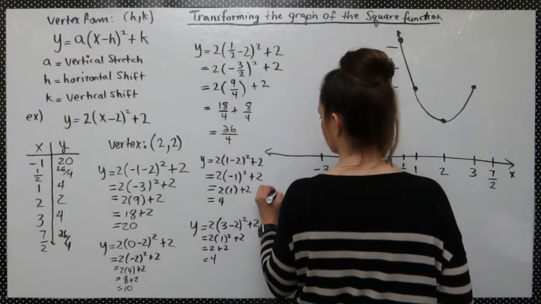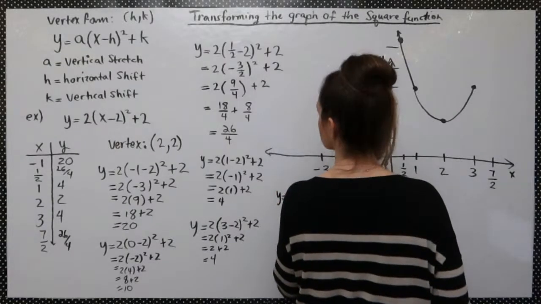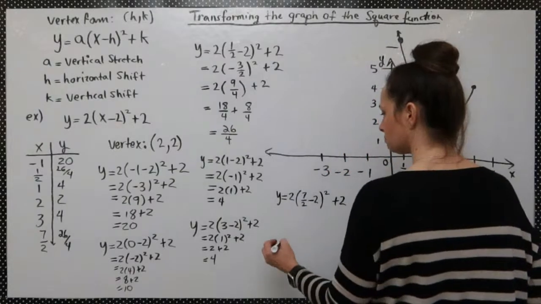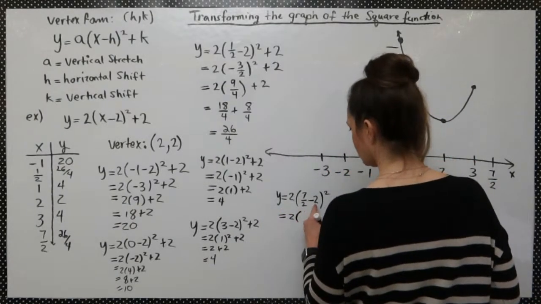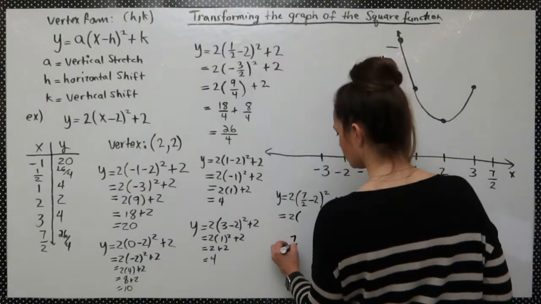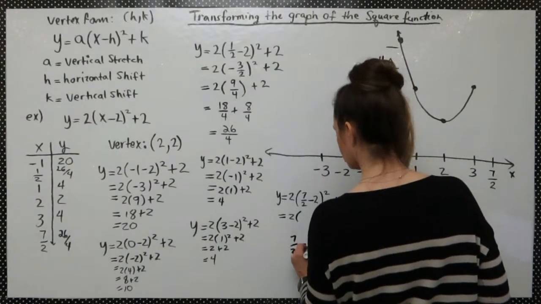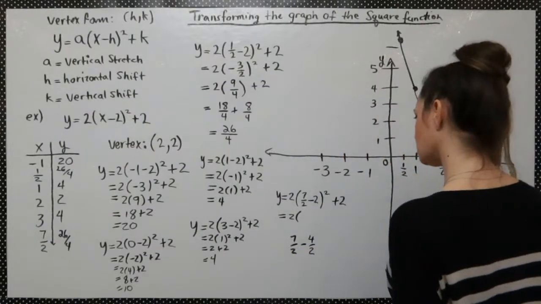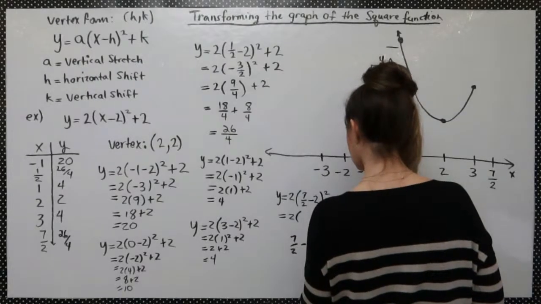So y equals 2 times 7/2 minus 2, quantity squared plus 2. So let's see, 7/2 minus 2. So just get an improper fraction, 4/2, and then that's going to be positive 3/2.